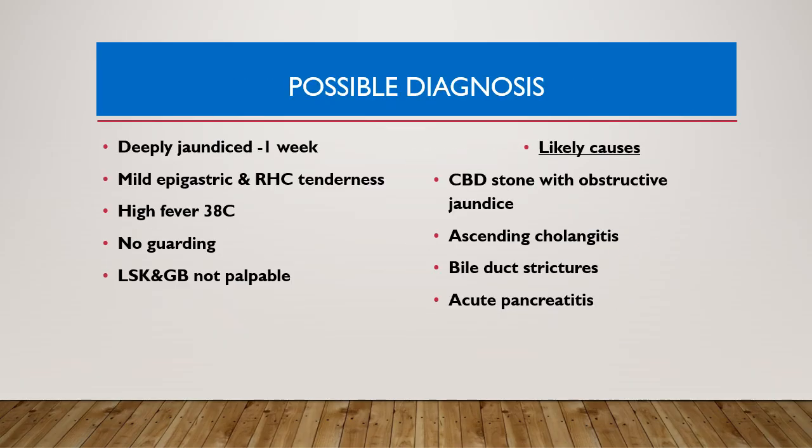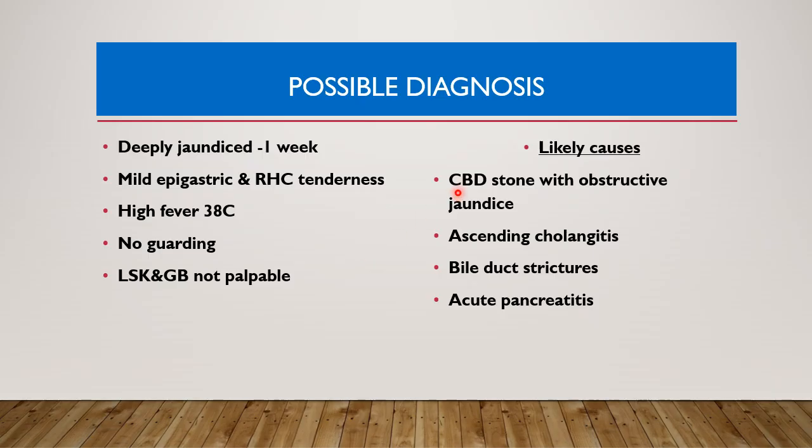So with these findings, what are the possible diagnoses? Now we have got more information. A 41-year-old female patient with a 1 week history of jaundice and fever, and now she is confirmed to have fever and mild tenderness in the right hypochondrium.